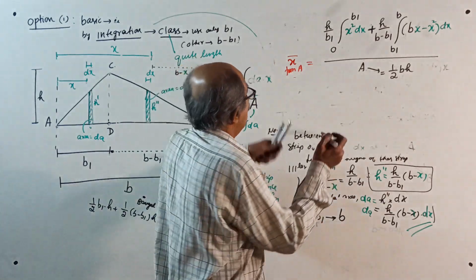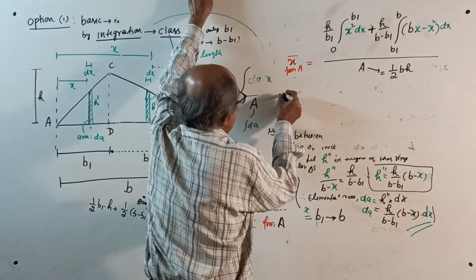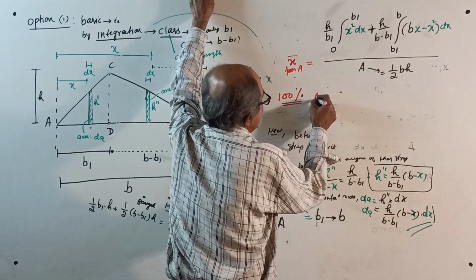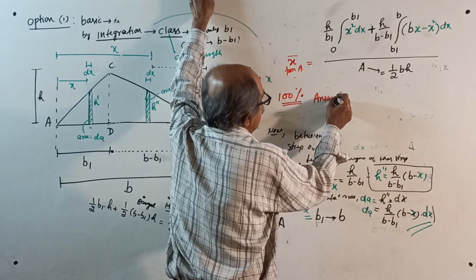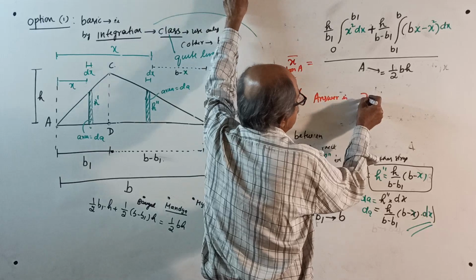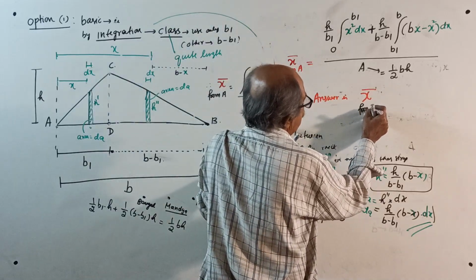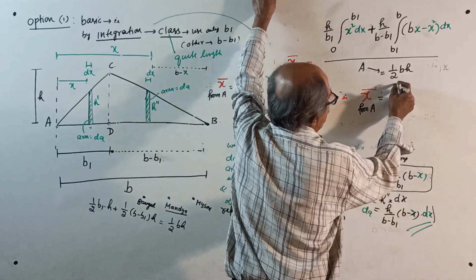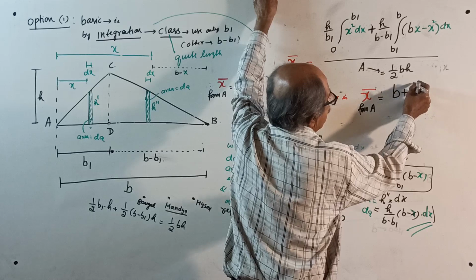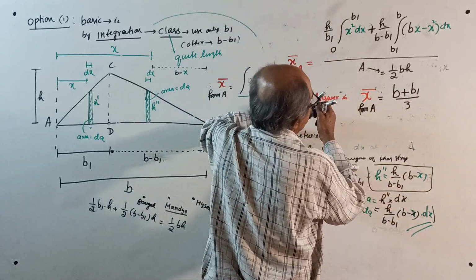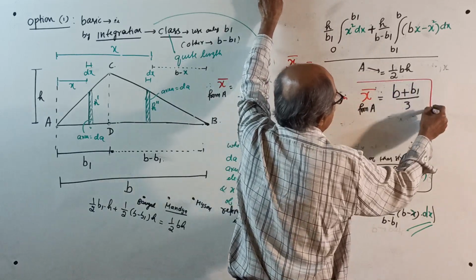I give you my guarantee, 100%, the answer is x bar from A will come B plus B1 divided by 3. This is my guarantee. Then I will explain.